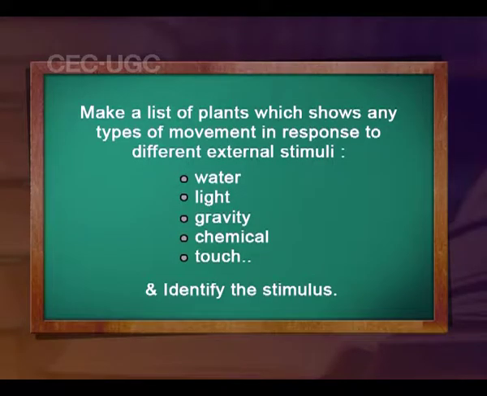For example, in order to teach the concept of tropic movements of plants, a teacher can ask the pupils to make a list of plants which show any type of movement in response to different external stimuli like water, light, gravity, chemical, touch, etc. Here, the teacher presented a situation to the students through the development of which the students will be learning about a concept.